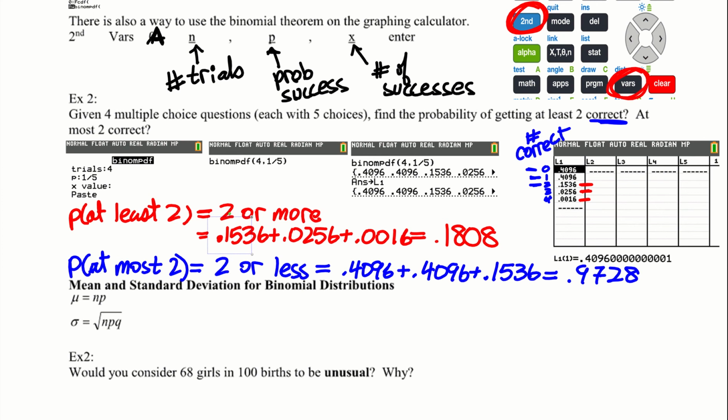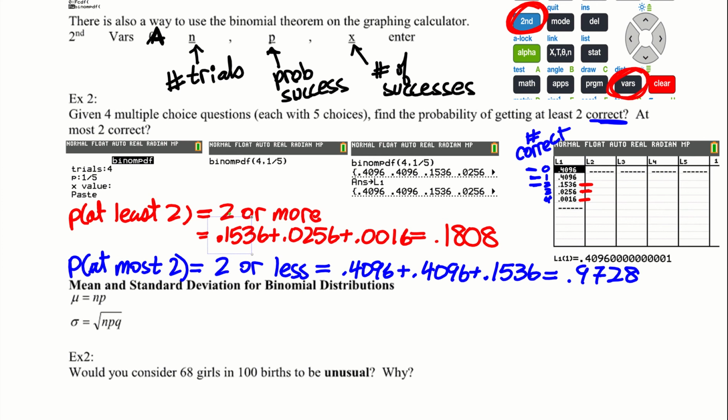But if it's 100 births or 1,000 births or 10,000, because law of large numbers says that if we keep increasing trials, we're going to get closer and closer to the accurate outcome, right? So if that's the case, then I would want to make the number of births as large as possible. I don't want my sample to be huge, but that doesn't mean I want to write out an entire distribution just to determine if the number 68 is unusual.